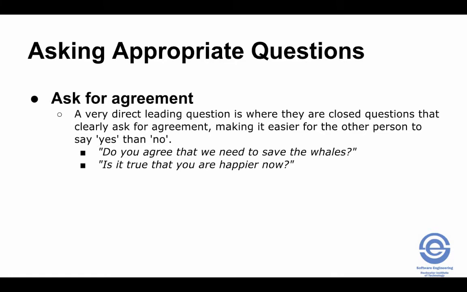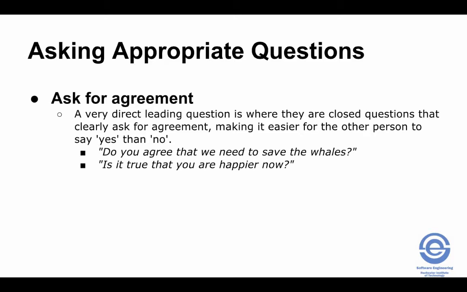So for asking appropriate questions, a very general leading question is where they're closed questions that clearly ask for an agreement, to make it easier for the other person to say yes or no. One example would be, do you agree that we need to save the whales? So you're asking the user for a very simple Boolean yes or no style question, and that can be good and can be bad.